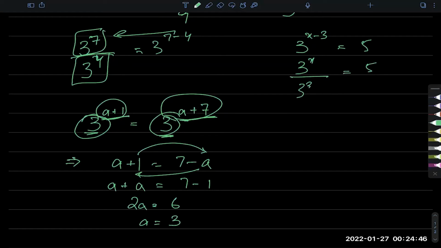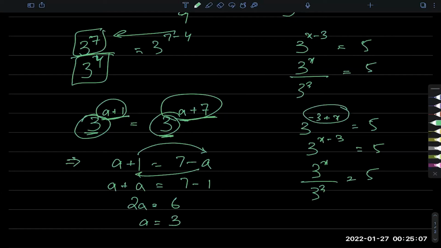But sometimes they present it like this: minus 3 plus x equal to 5. And now you're like, wait a minute, how do I subtract this? Don't worry about it. It is still the same thing. Rewrite it, and now you know what to do. So that is one thing that SAT people sometimes do.